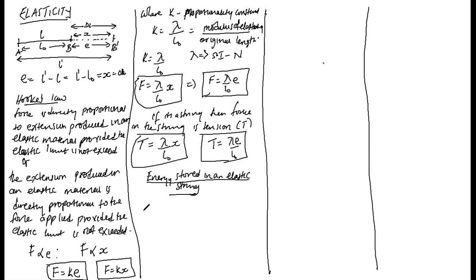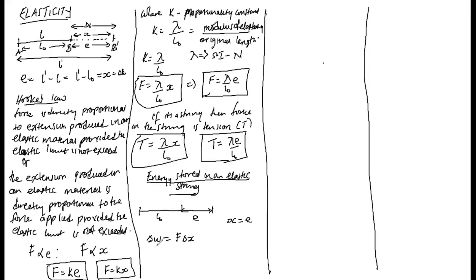If this was the original length L naught, then we are going to do some work to extend it to some point, and this work has an extension e. So x is actually e at that instant. The small work done is going to be equal to force in the spring times the small distance we extend the spring or the string. With that regard, to get the total work done, you integrate on both sides.